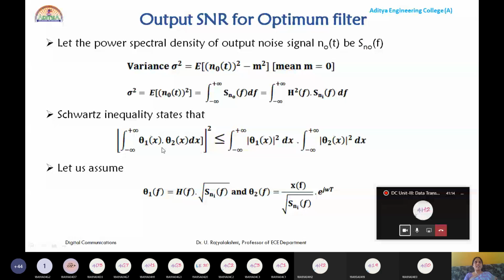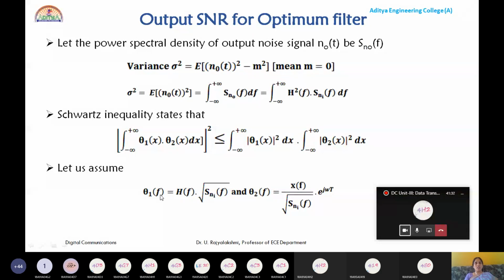Let theta 1 of x, here we are specifying in frequency domain. Already I told you, you can use this Schwarz inequality either in the time domain or frequency domain. Here we are using it in frequency domain. So theta 1 of f is equal to h of f into root Sni of f.